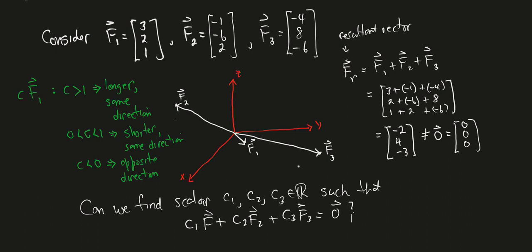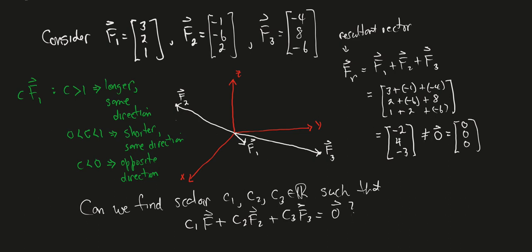Again, to reiterate, we know simply adding the vectors as they're given to us does not create the zero vector. It doesn't result in some form of static equilibrium. But what if we could lengthen or shorten the vectors, or even have them go in opposite directions of where they're currently pointing, and get the zero vector?